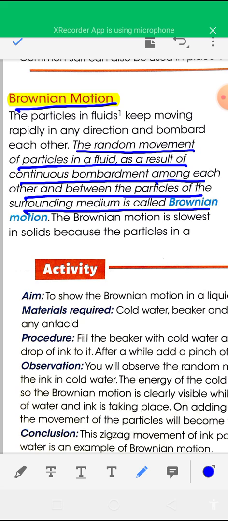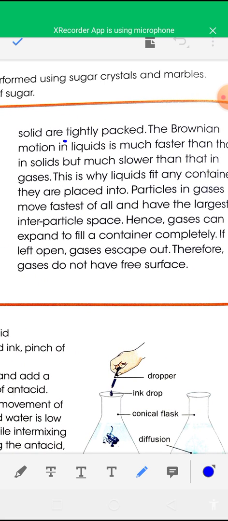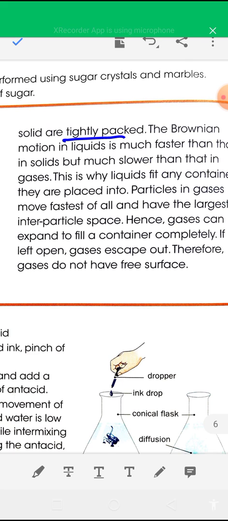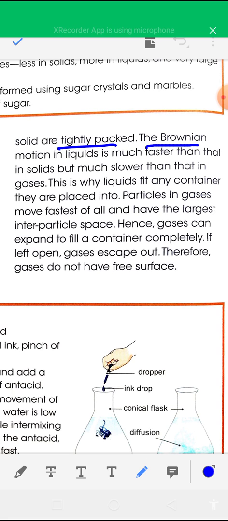This Brownian motion is slowest in solid because the particles in a solid are very tightly packed. They cannot move.